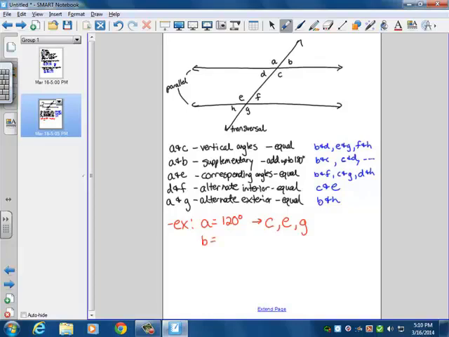What would B be? It would be 60 because A and B are supplementary. They have to add up to 180. So if B is 60, then D is 60. F is 60, and H would be 60. Okay, so in a situation like this, you're only going to get 2 different degrees.